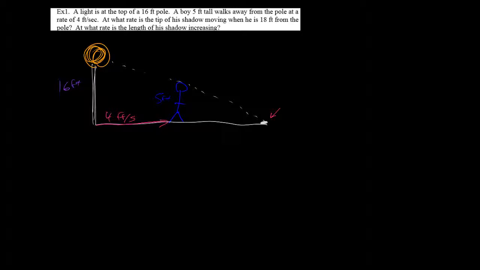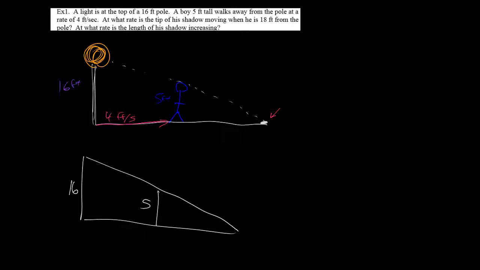So let's simplify this down. Let's draw this as a triangle. We know that this is 16, this is 5. We are given this value in here. Let's call it x.